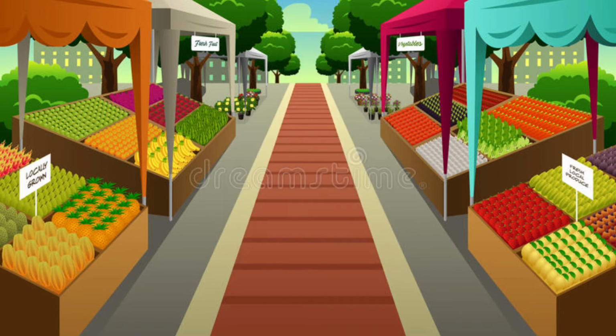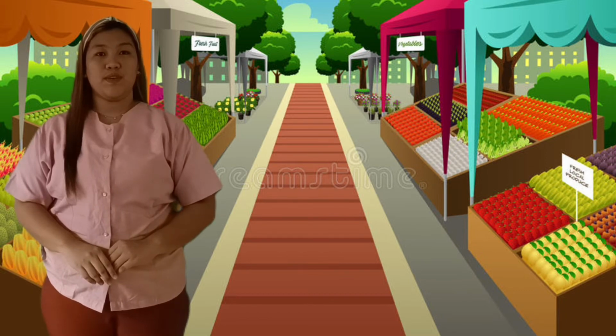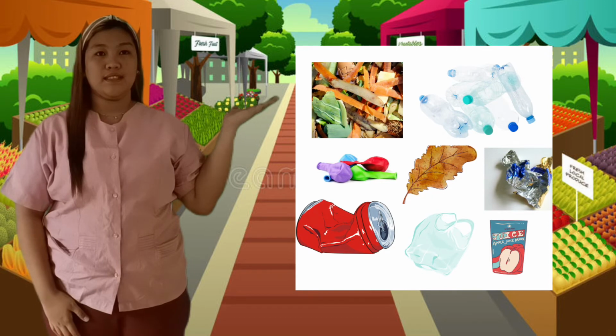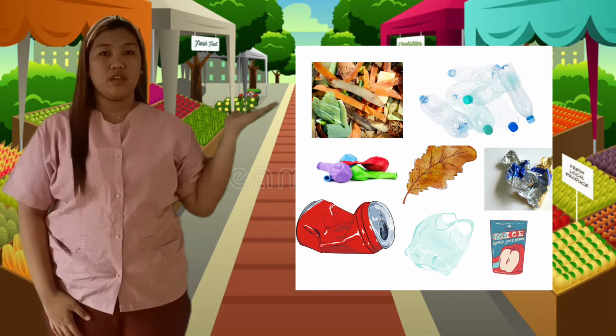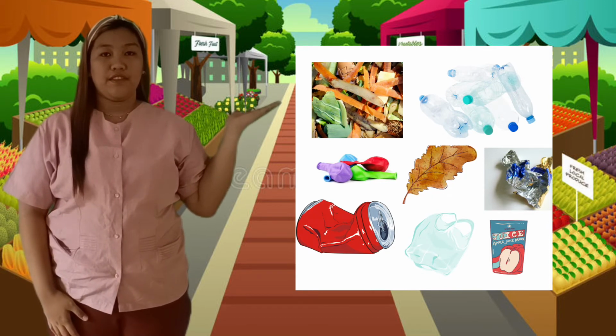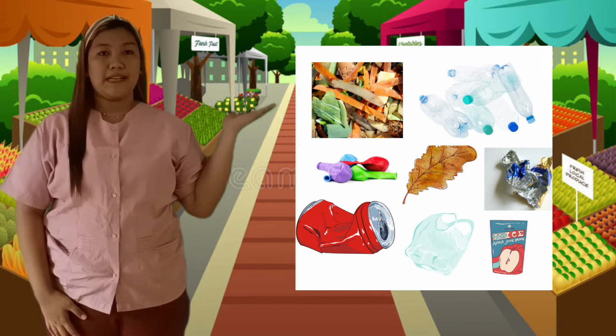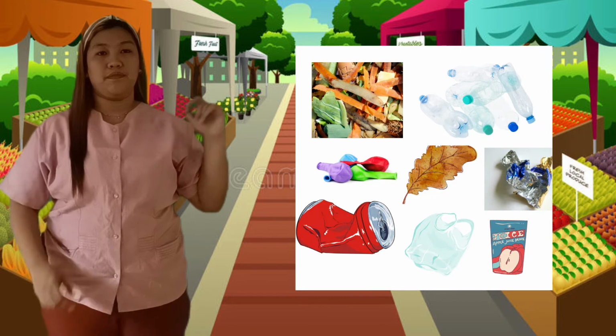Let's proceed to the market, our Station 3. Market is the place where we buy different goods. So these are the materials we can find in Station 3, such as vegetable fruit peelings, plastic bottles of water, balloons, leaves, candy wrappers, soft drink cans, plastic bags, and juice wrappers.